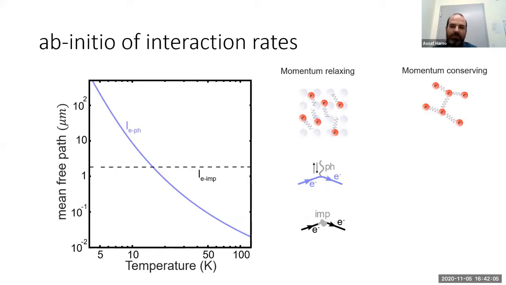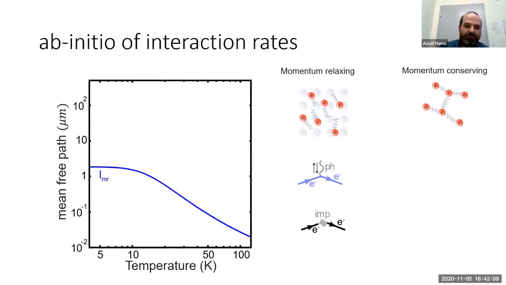What we want to get is the total momentum relaxing interaction, and you get this kind of curve. You sum both, where at high temperature the main interaction source is with phonons, and at low temperature the electrons mainly interact with impurities.